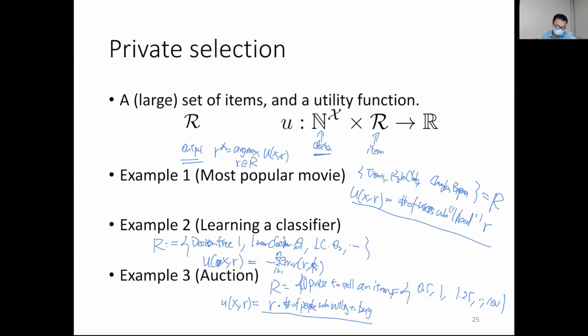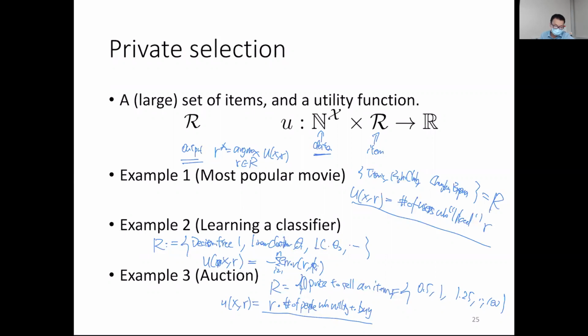In the auction case as well, these actions are prices, so they are numerical values, and we can think that maybe it's a good idea to add noise to these prices. That will give you differential privacy. In other cases, say the most popular movie, the most popular movie is a discrete object, and you can't simply add noise. There is no way that you can add Laplace noise to that, right?